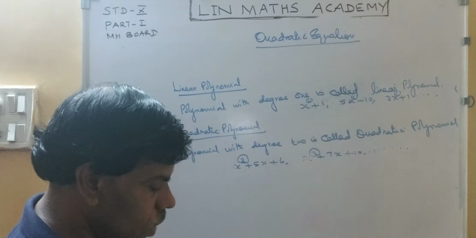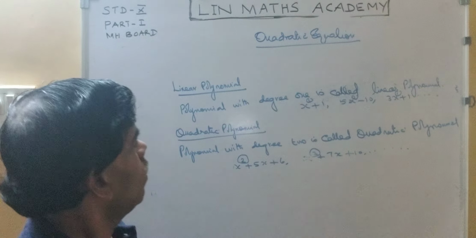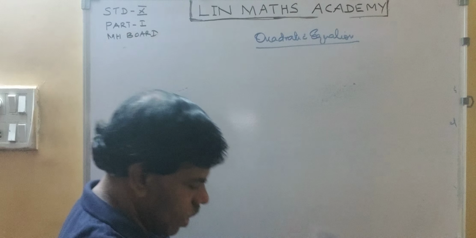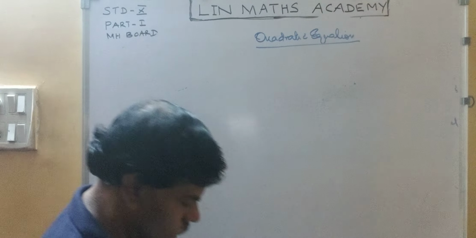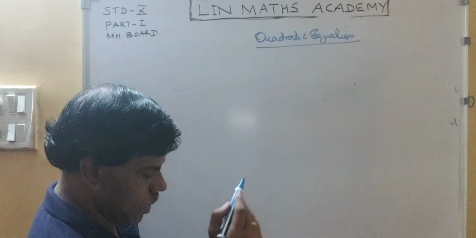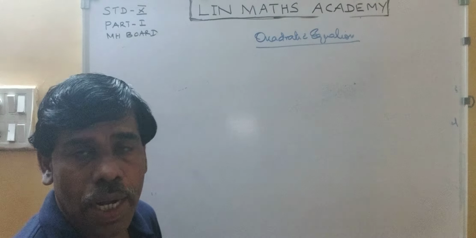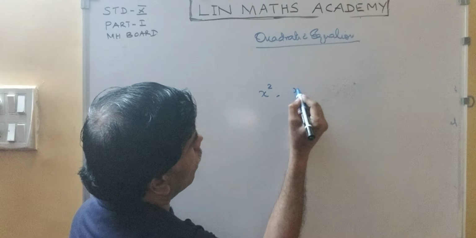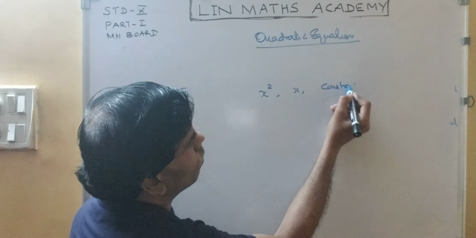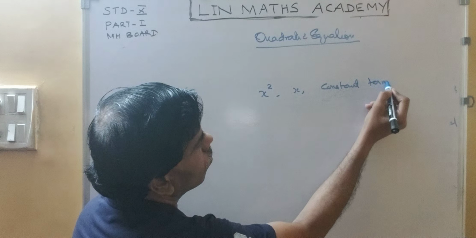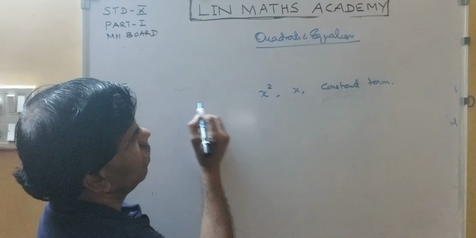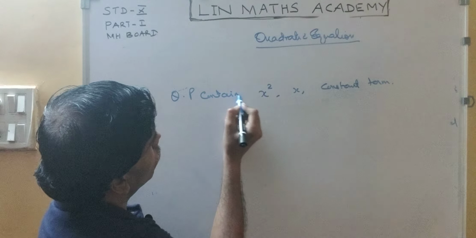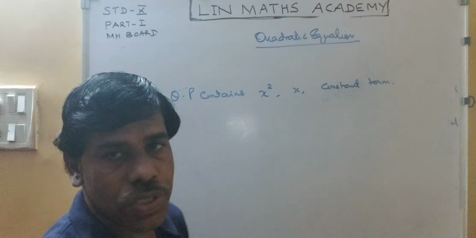Now you know what a quadratic polynomial and a linear polynomial in one variable are. A quadratic polynomial will have an x square term, an x term and a constant term. It contains x square, x and a constant term.